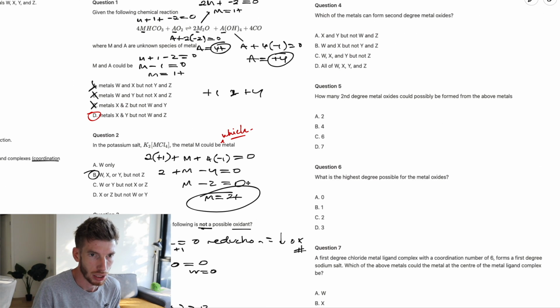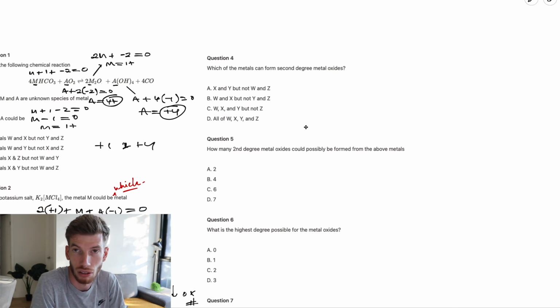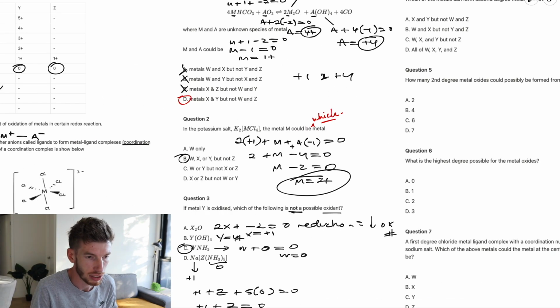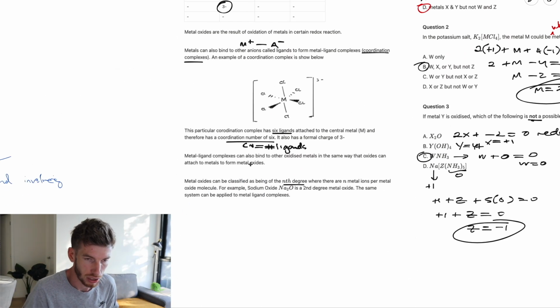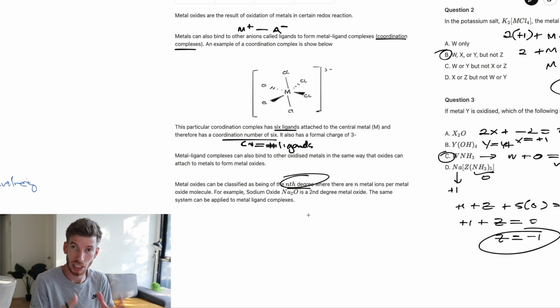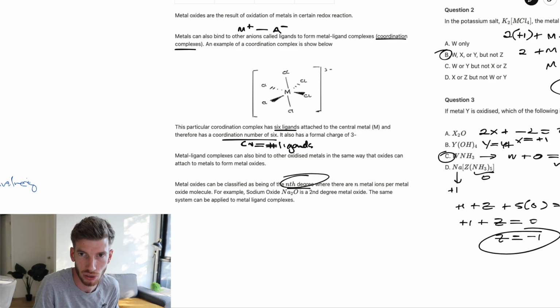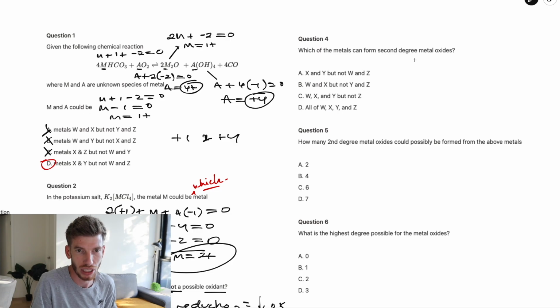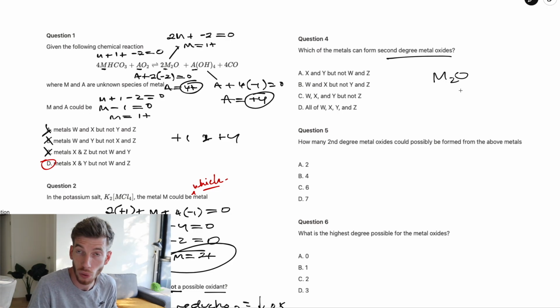Cool. So then question 4, which of the metals can form 2nd degree metal oxides? So we can do a bit of word association. There was a mention of degree over here, and that was talking about the number of metals that are in the oxide compound or in the compound. So here we're looking for 2nd degree metal oxides, so things that have the form M2O, like that.